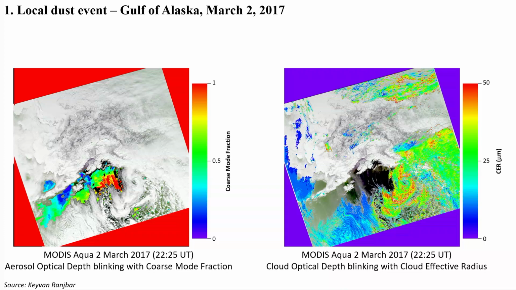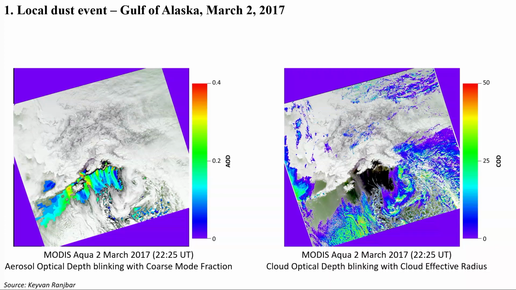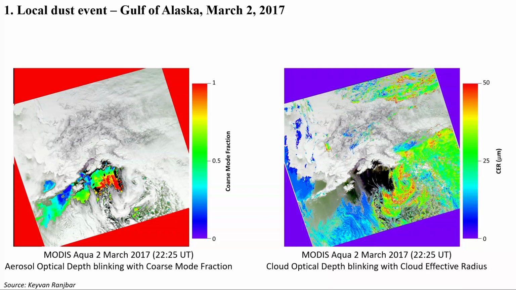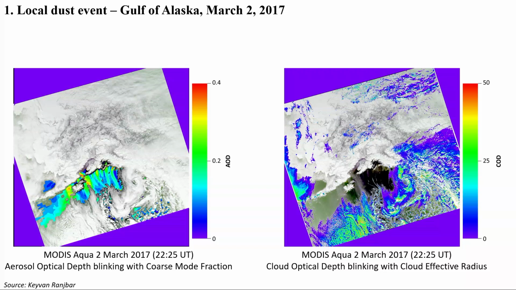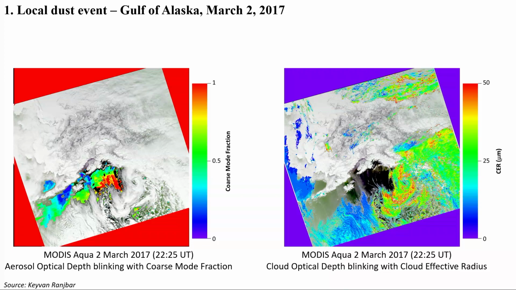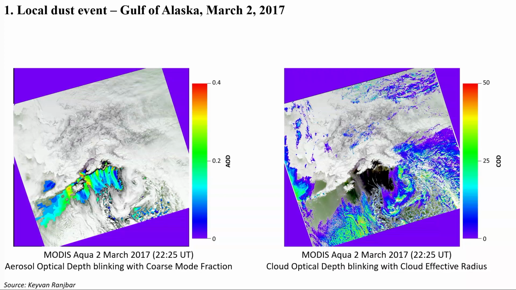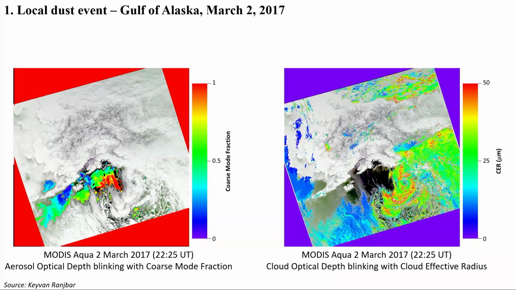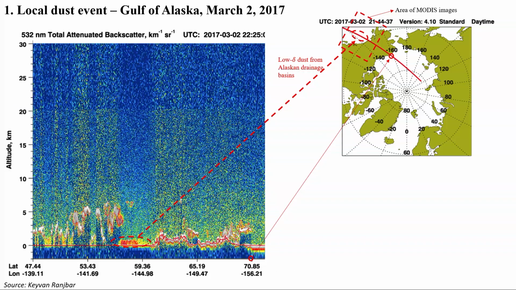On the left is the columnar concentration of aerosols and the fraction of submicron aerosols, and on the right is the cloud optical depth and the cloud effective radius. With all that, we can put a picture together of the interaction between the aerosols and the clouds, and understand the physics better.